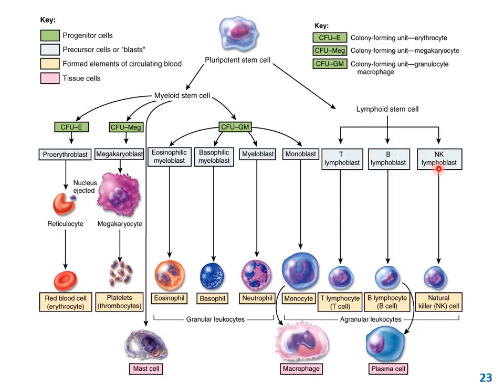Or it could become a natural killer cell, right? So basically, out of this lineage, you can have T or B or natural killer. I would suggest that you keep in mind that this lineage only produces three cell types.